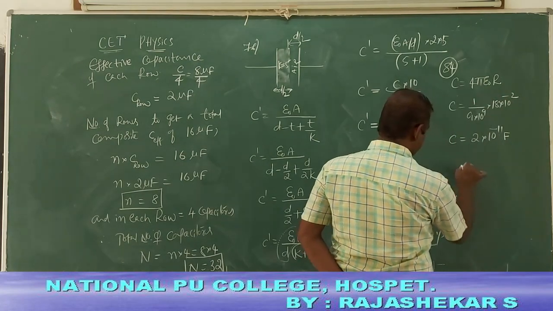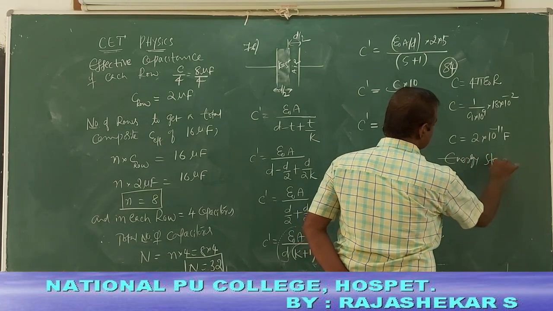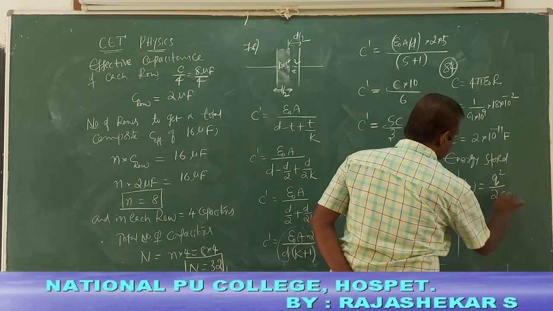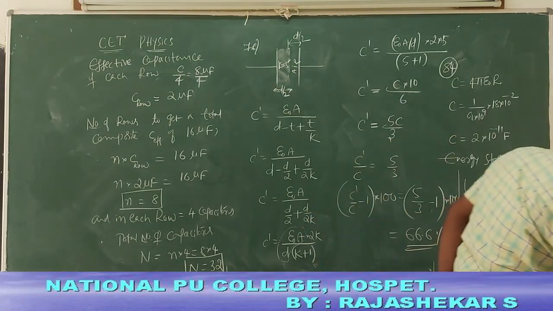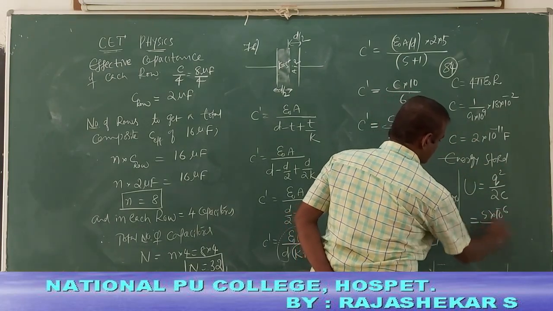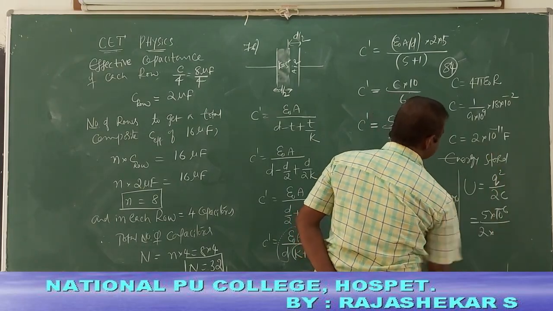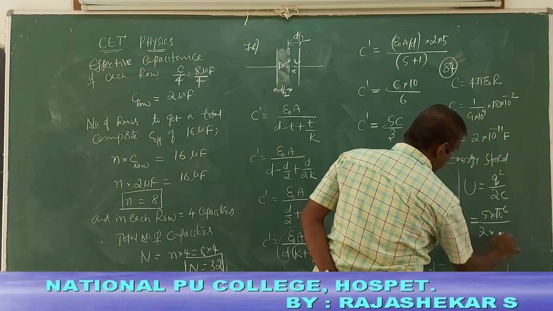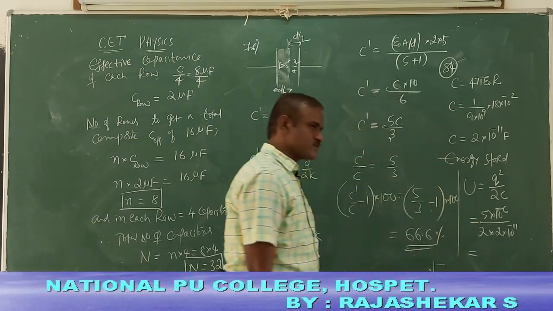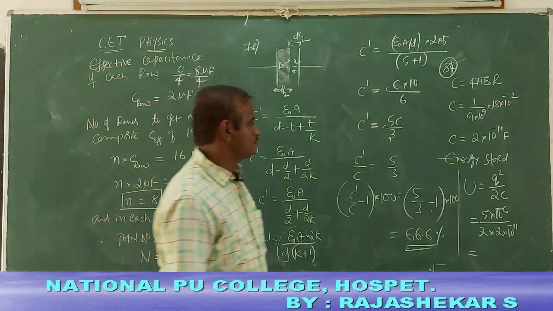Therefore energy stored: we can use directly the formula Q square by 2C. Q given 5 in 10 power minus 6, 2 into C, which is again 2 into 10 to the power minus 11. This is 5 by 4, and this is square, sorry.